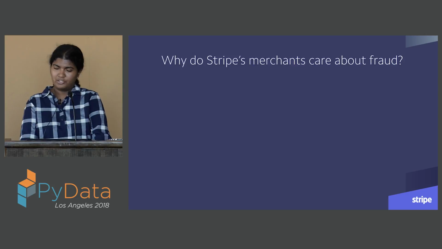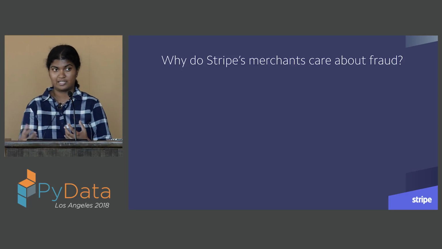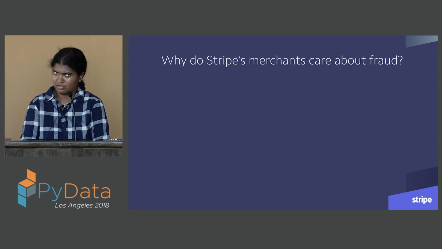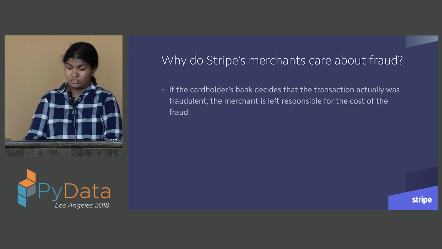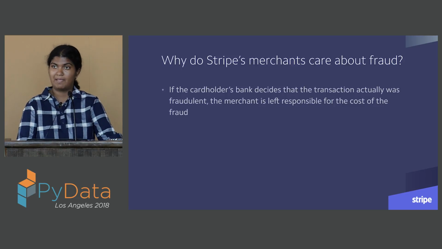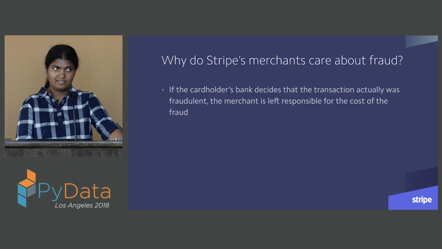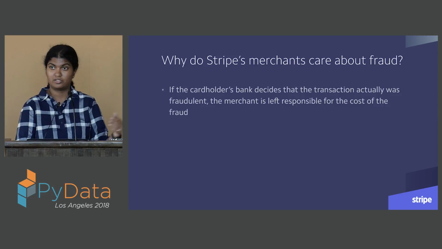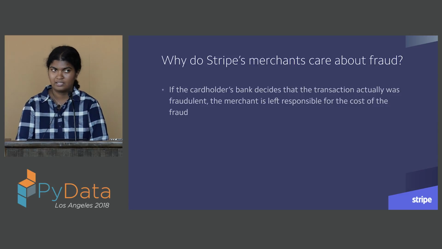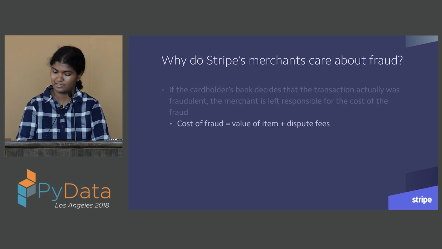So why do Stripe's merchants, who are the online businesses, in this case the website selling the watch, care about fraud? Because it wasn't their credit card that was stolen, right? The way things work, if I initiate a dispute with Chase, and the bank decides that yes, this transaction truly was fraudulent, and Leela is not on the hook for this, the merchant, the watch seller, is actually on the hook for the cost of that item.